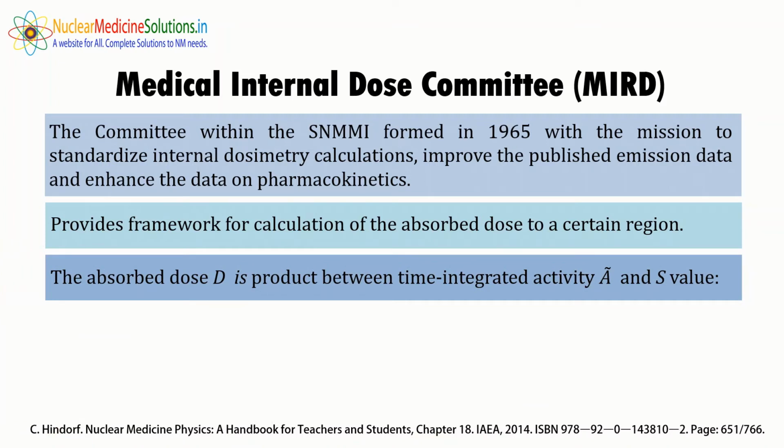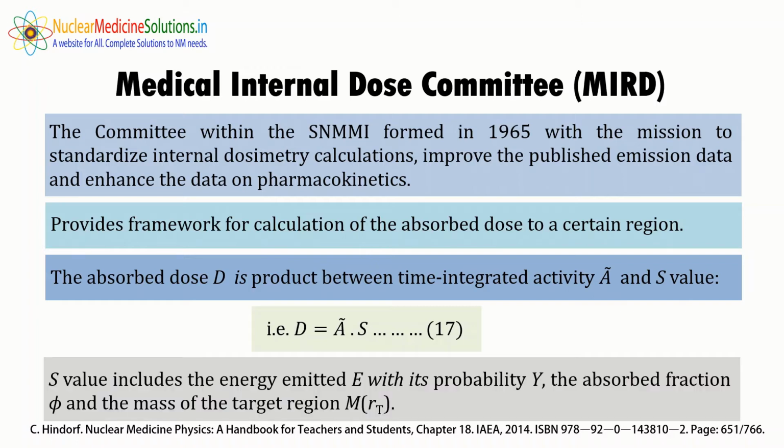The absorbed dose is a product of the time integrated activity A tilde and the S value. The formula is D = A tilde × S, and this S value includes the energy emitted E with its probability Y, the absorbed fraction phi, and the mass of the target organ m.